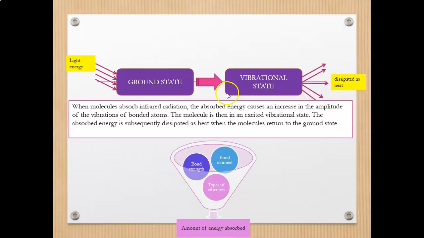The molecule is then in an excited vibrational state. The absorbed energy is subsequently dissipated as heat when the molecule returns to the ground state. So this one is the amount of energy absorbed. Bond strength, we have bond moment and types of vibration of each atom in the molecule.